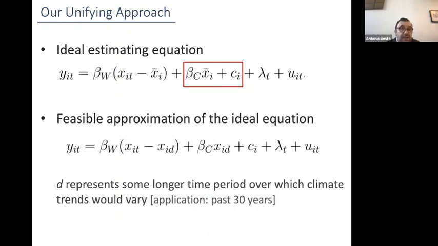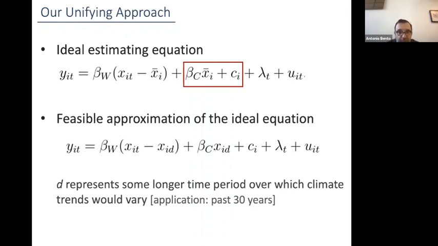And you can immediately see what the econometric challenge is. The econometric challenge is that the two terms highlighted here in the red box would be collinear, partly because of the way we've defined the shocks, XIT, as deviations from their mean. And so you wouldn't have a way to separate them in your ideal estimation equation.